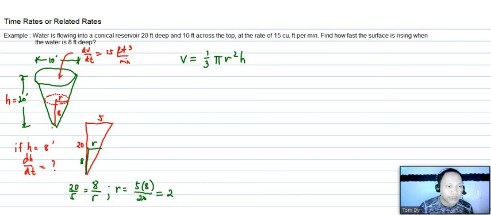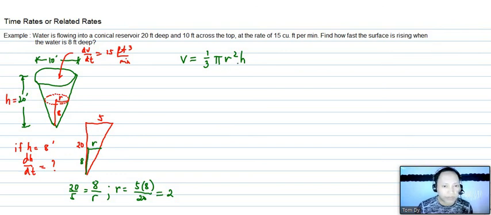But this is a cone, so a cone is 1/3 times pi r squared times height. We will substitute the value of our r later.